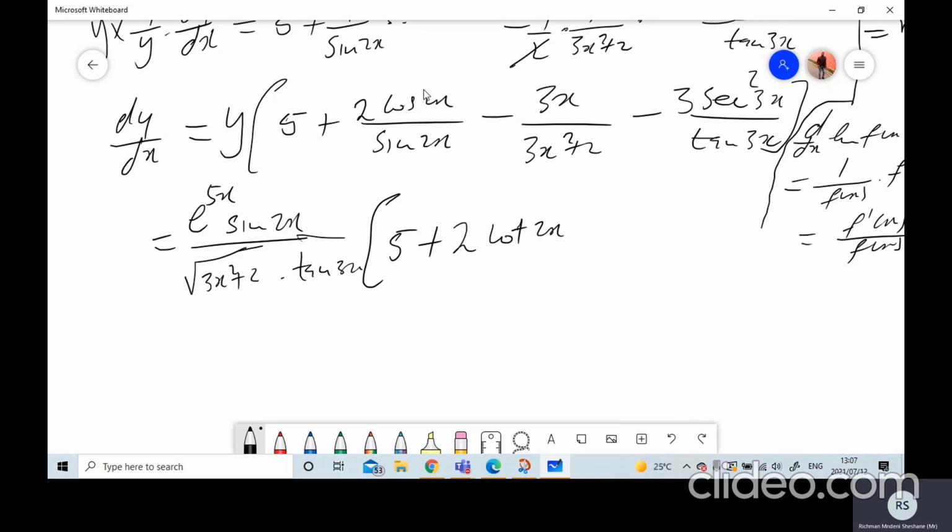I will give you full marks up to this step. I won't expect you to write cos of 2x over sine 2x as cot 2x, so you can leave it here if you forgot this identity. Minus 3x over 3x squared plus 2 minus 3 sec squared 3x over tan 3x. Okay, this is my dy/dx.